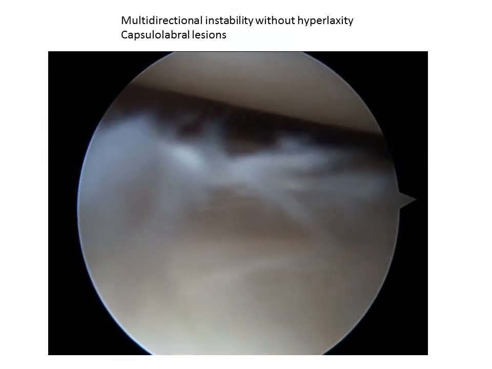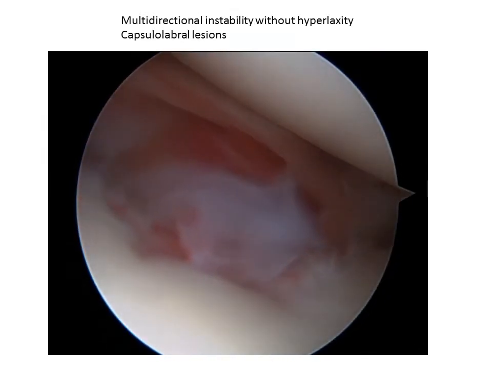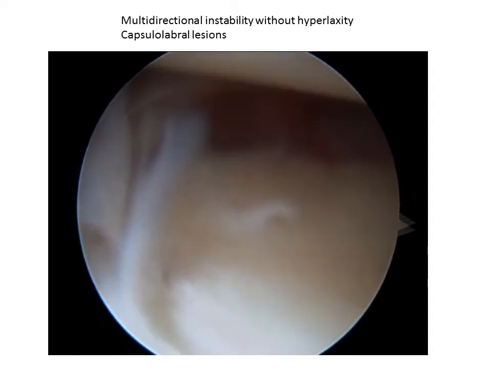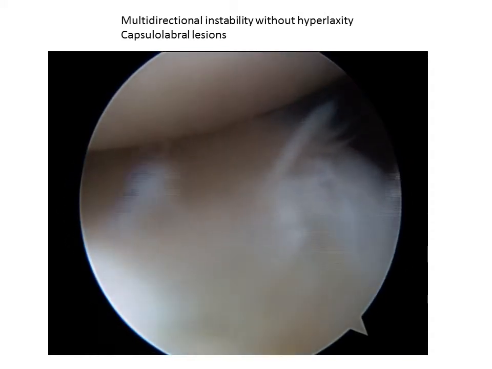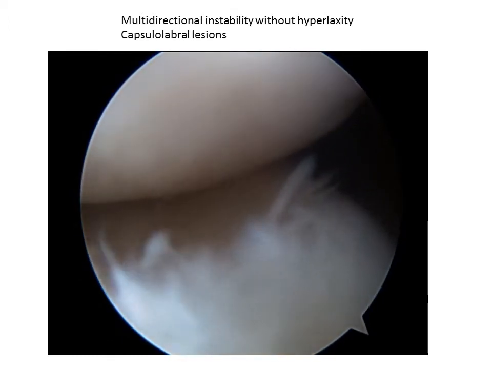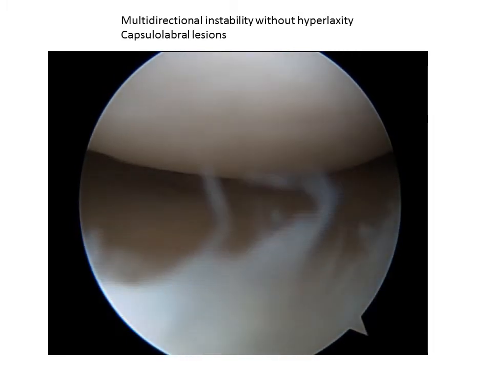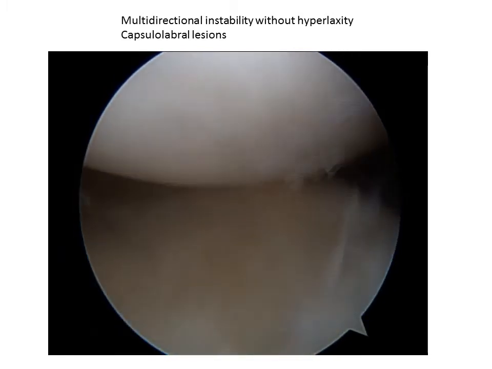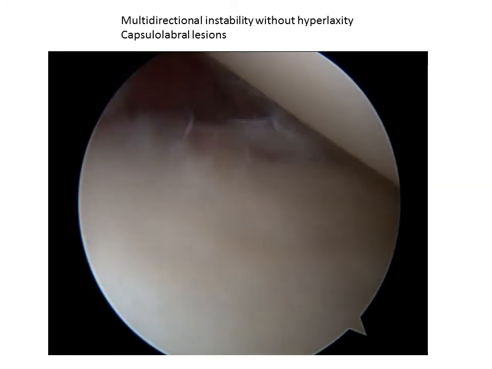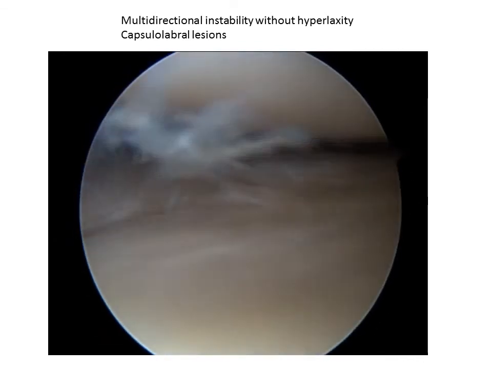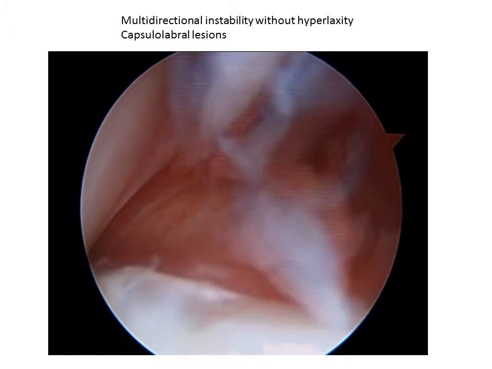So in this example of a patient with multidirectional instability without hyperlaxity, we could see significant capsulolabral lesions. The arthroscopy demonstrates on the inferior, anterior, and up to the superior aspect of the labrum, diffuse labral tearing. The posterior aspect of the labrum can also be torn.